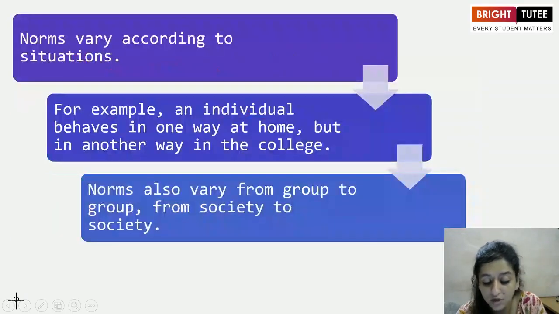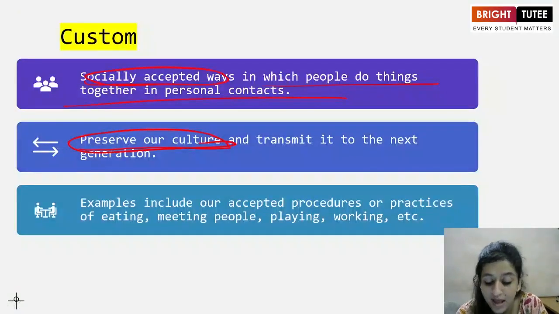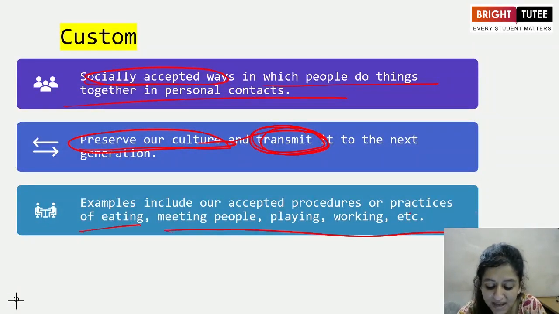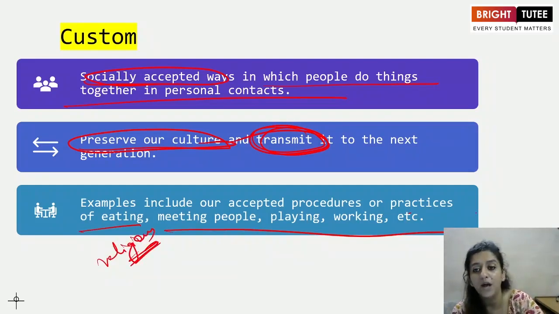For example, accepted procedures or practices of eating, meeting people, playing, working, our religious customs, all of these aspects come under this category.